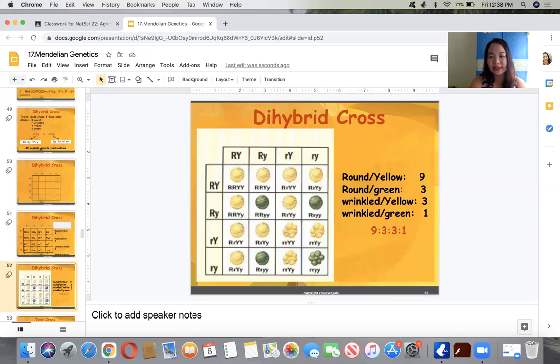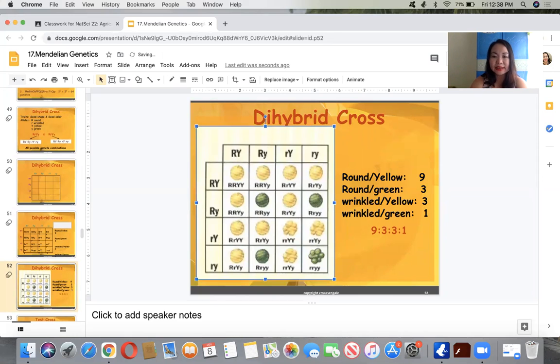So next, this is actually the phenotypic combination. It's just the same as the first slide here, but this is with photos of figures. So again, there are round and yellow. There are 9.